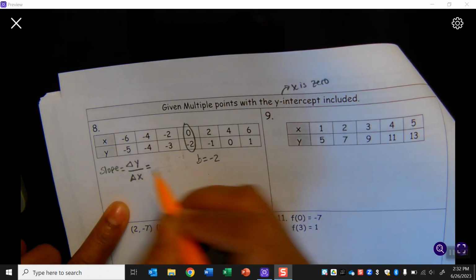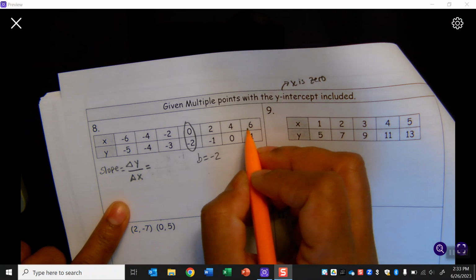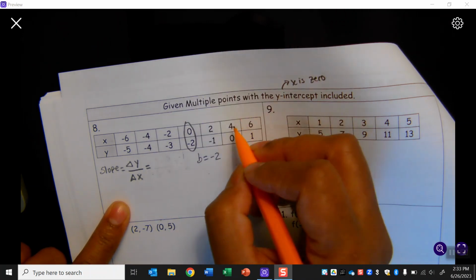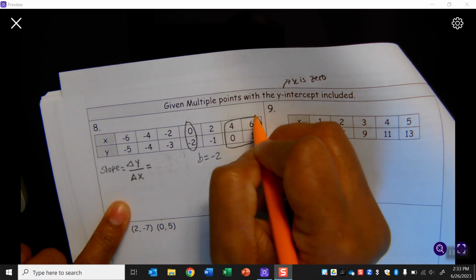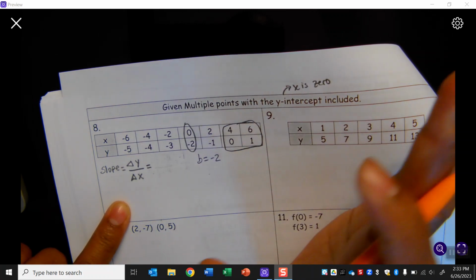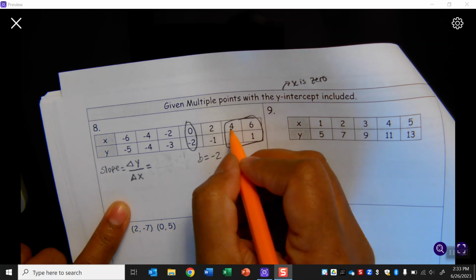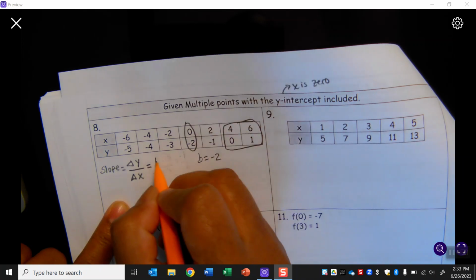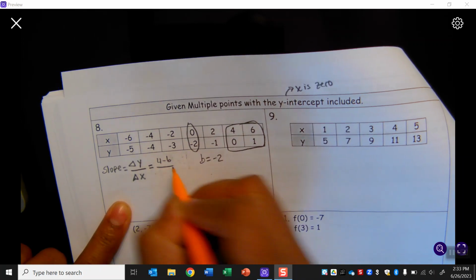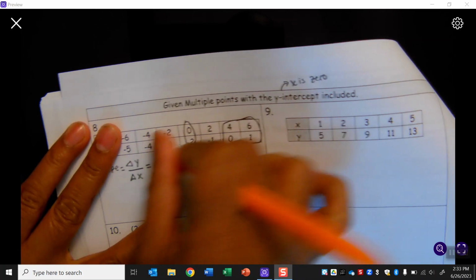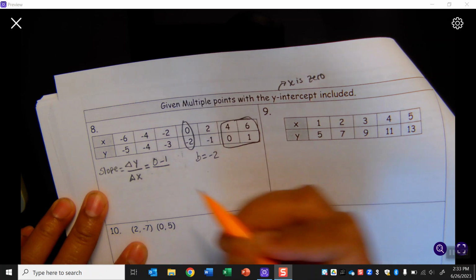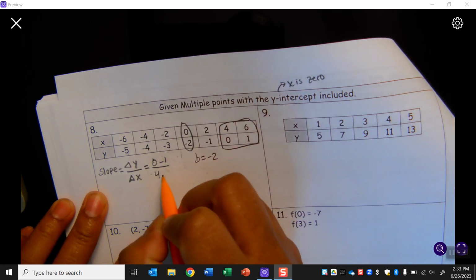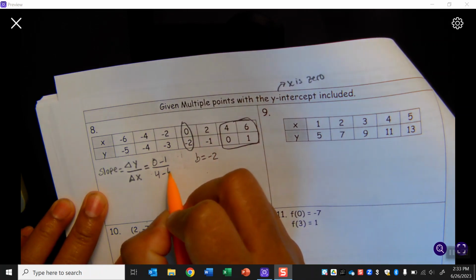All right, so what you're going to do is you're going to go find two coordinates. It can be any 2. I'll just go ahead and box these numbers right here. Okay, I'll just use those. It doesn't matter which one. So you're going to do, sorry, the y first. 0 minus 1 over 4 minus 6.